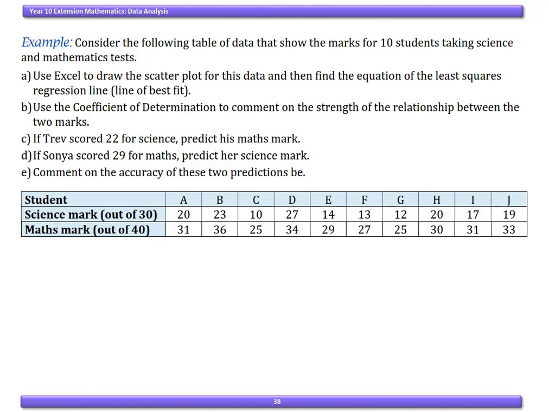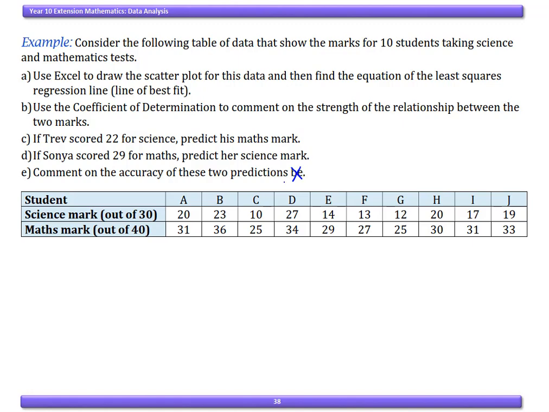We're going to use the coefficient of determination to comment on the strength of the relationship between the two marks. And then we're going to make predictions. So if Trev scored 22 for science, predict his maths mark. If Sonia scored 29 for maths, predict her science mark. And we're going to comment on the accuracy of these two predictions.